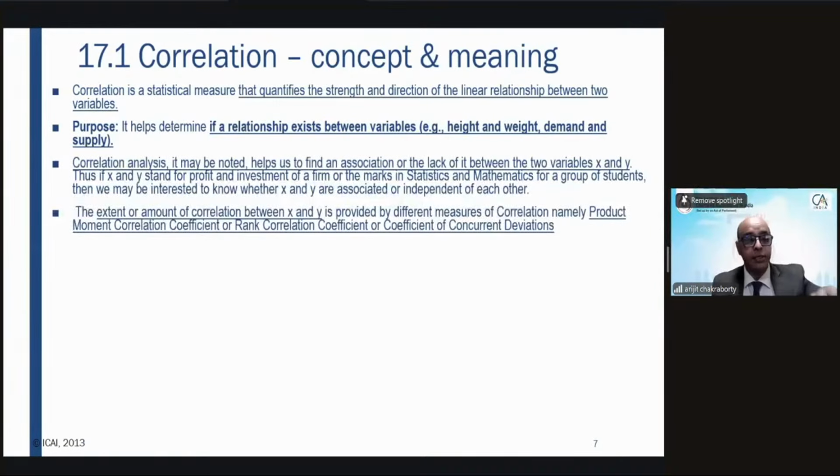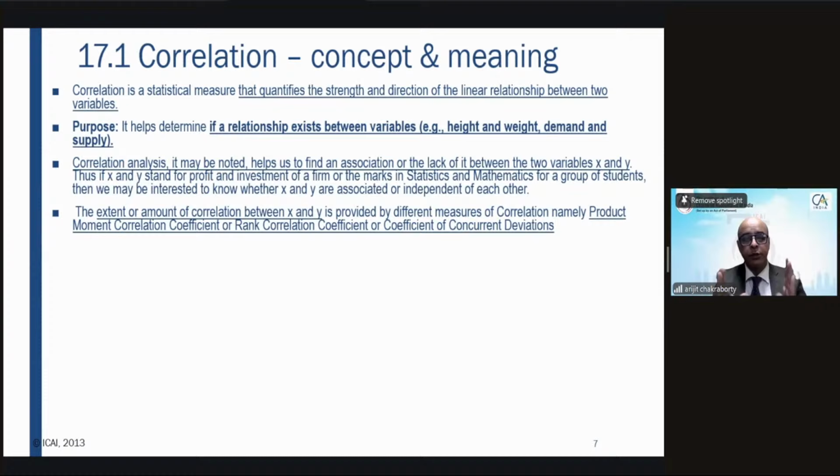And the extent of correlation between X and Y, first of all, objective number one: in both variables, do we have any relation, do we have any association? Is any pattern visible, that when one increases the other also increases, or when one increases the other decreases, the reverse?